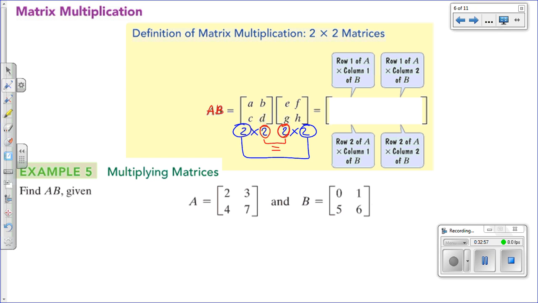So what we're going to do is multiply the first row times the first column, and that will go here.